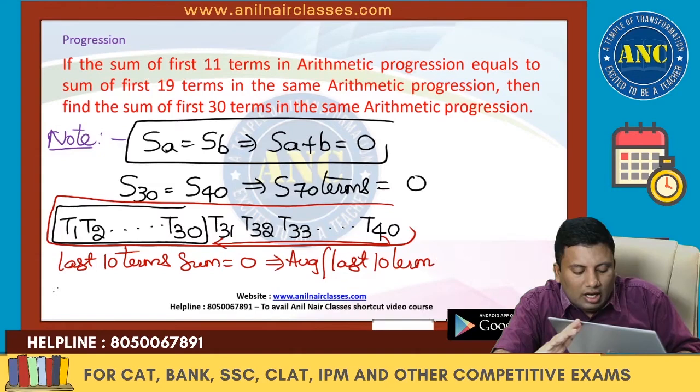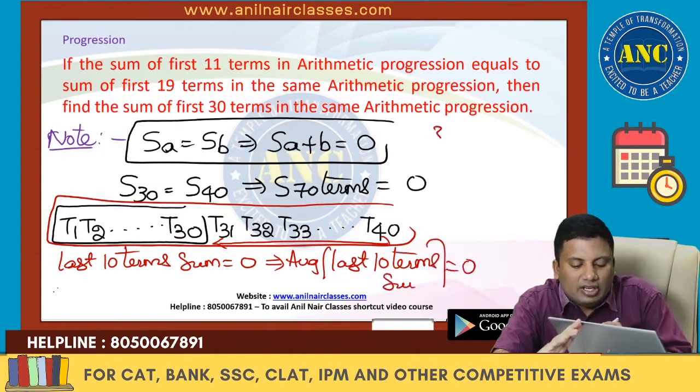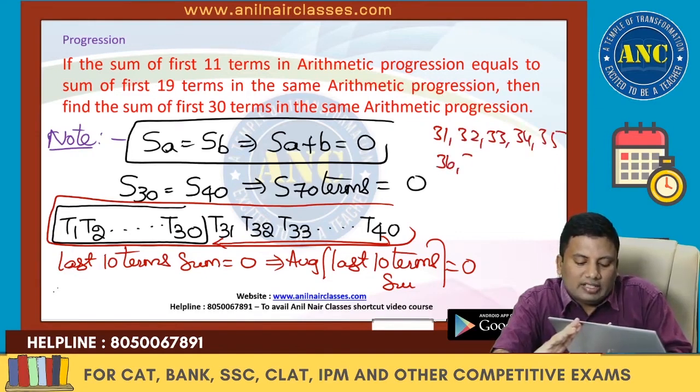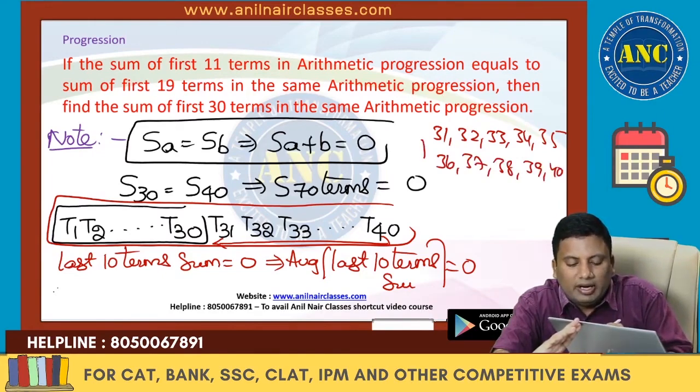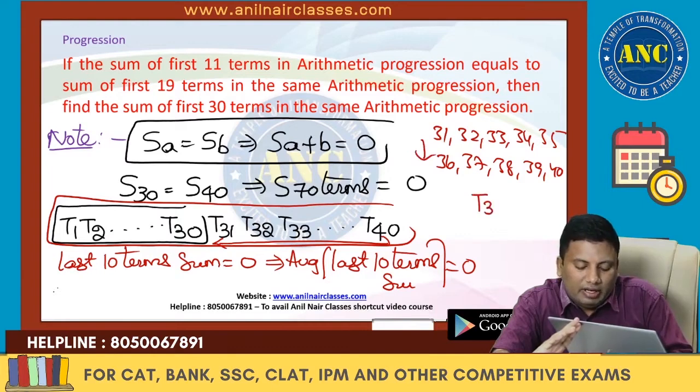The average of the last 10 terms will be 0. What is the average? 31, 32, 33, 34, 35, 36, 37, 38, 39, 40. What is the middle value? T35.5.